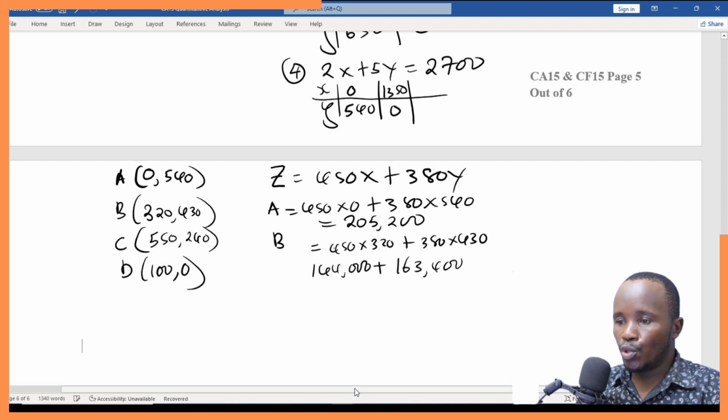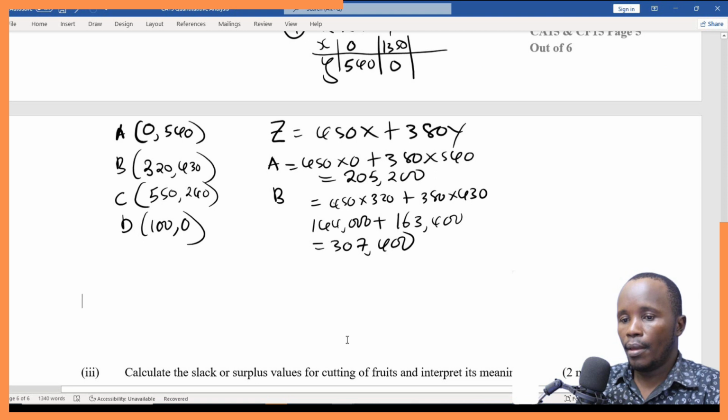When I add these two, 144,000 plus 163,400, I get 307,400. Go to C.